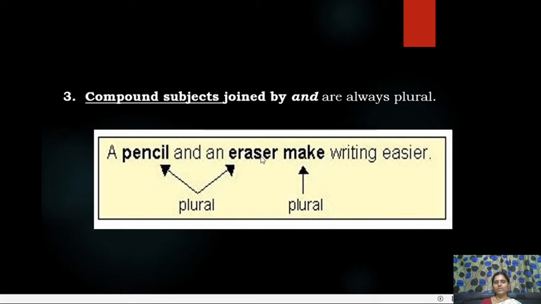Here we are referring to two things, which we call a compound subject, because we have more than one, two different things combined by and. So as it is a compound subject, the verb has to be in plural to agree with this compound subject.